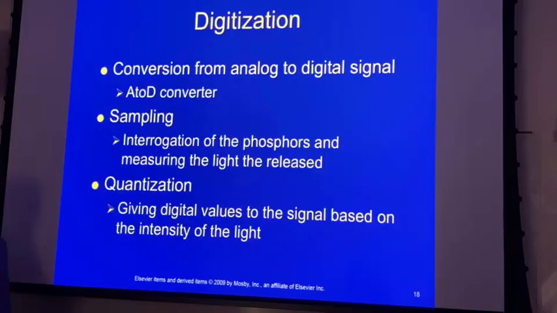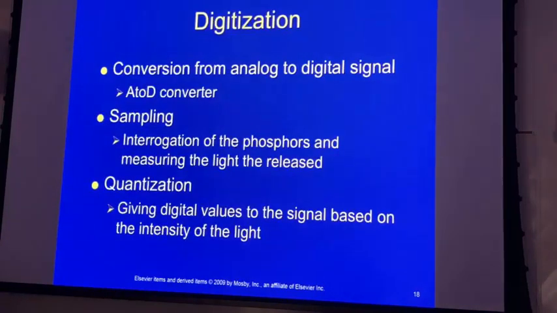Digitization, not a word that rolls off my tongue real well, occurs conveniently enough at an analog to digital converter. Just like in fluoroscopy, you've got an A to D converter. It takes that analog signal, everything is analog at this point, and it digitizes it. When it digitizes it, it gives it a numerical value based on the light that came off of that individual phosphor.